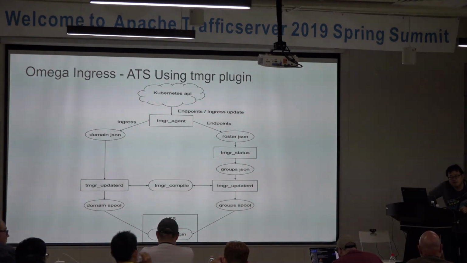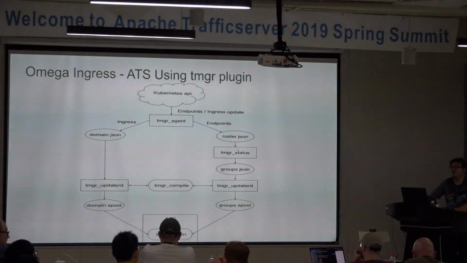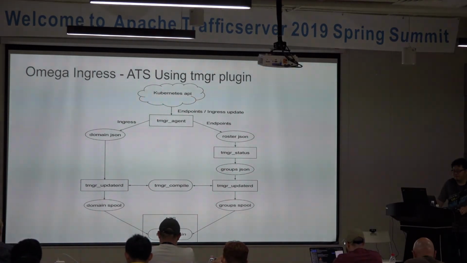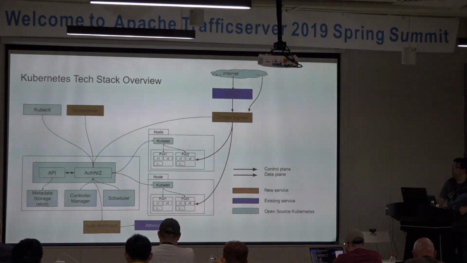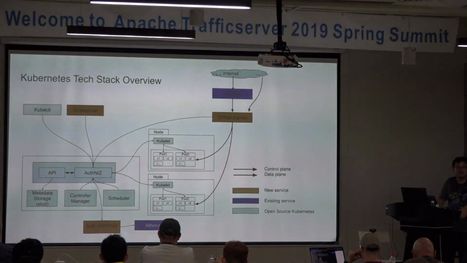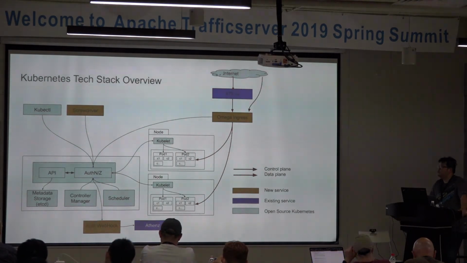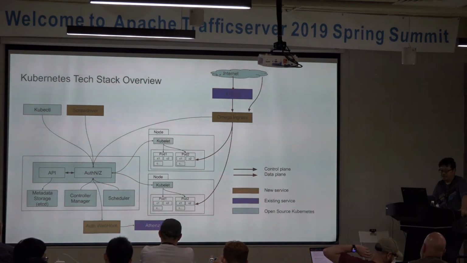Can you combine the ingress and the ATS at that point then? Yes, we can. Because then you use parent selection to create the content dependency, so you have certain objects or certain caching on every cache. Yes, that's the big advantage. So we want to do that at the end.